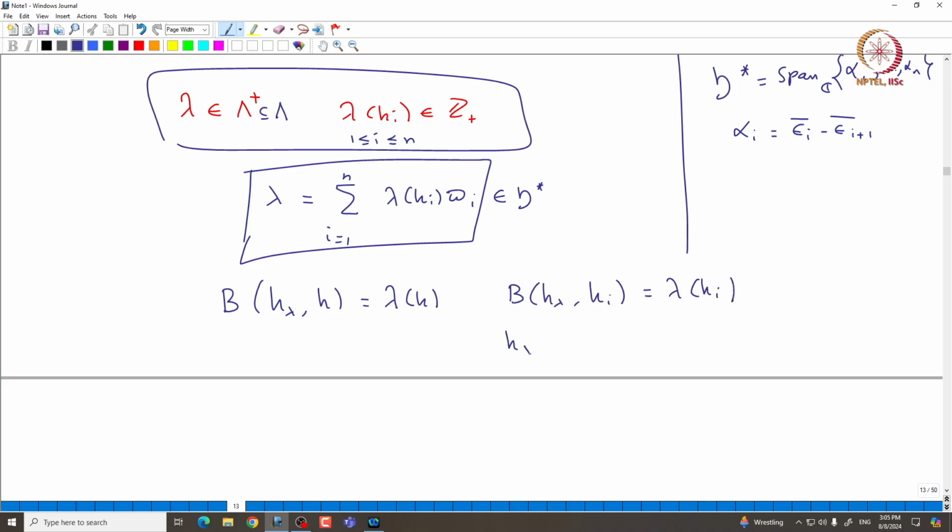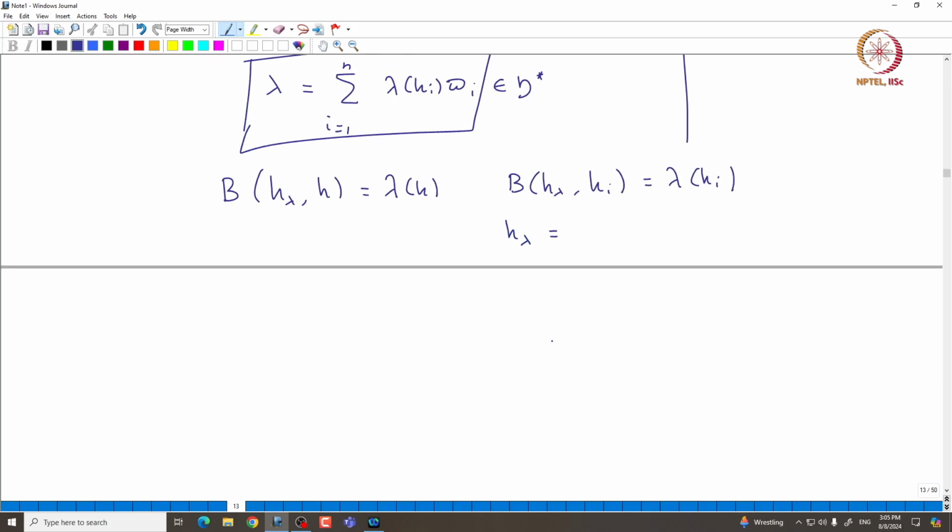Now, if you take h lambda and write it in terms of the usual basis of h, let us say some scalars, a1 h1 plus etc. plus an hn, then from this you can see what the ai's will be.